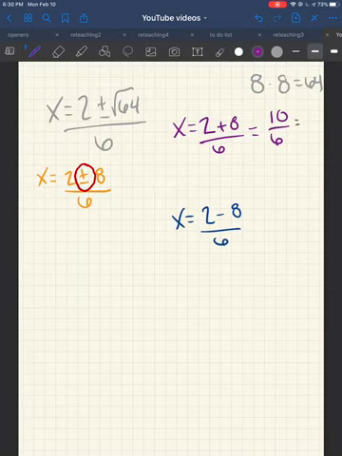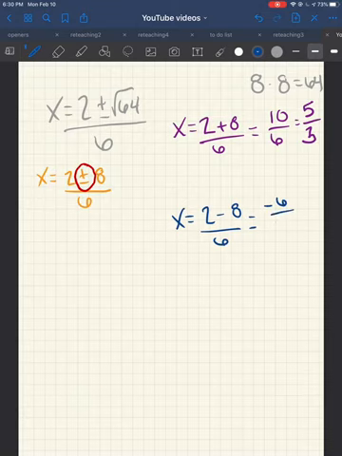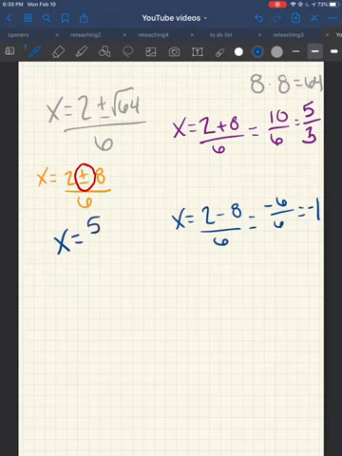I'm going to divide by 2, so that's going to give me 5 over 3. All right, and this one, 2 minus 8 is going to be negative 6 over positive 6, which will give me negative 1. So the solutions of my quadratic formula are x equals positive 5 over 3 and negative 1.